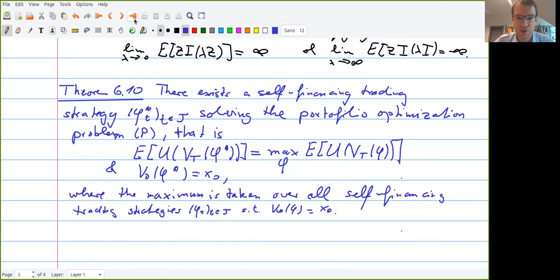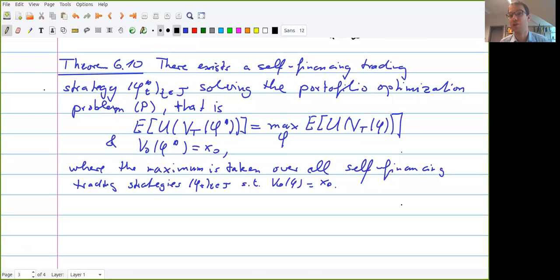And now I promised you that I can take all the results we derived, and the proof is not too hard anymore because we did already all the mathematics.